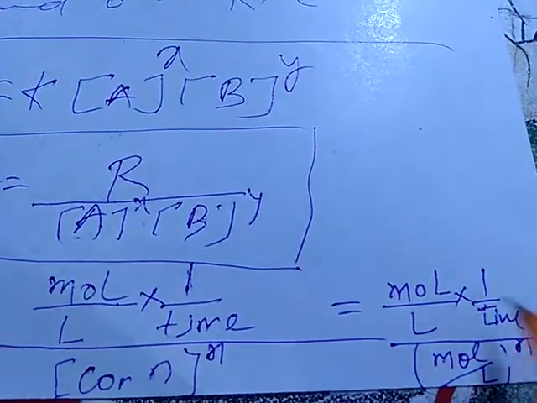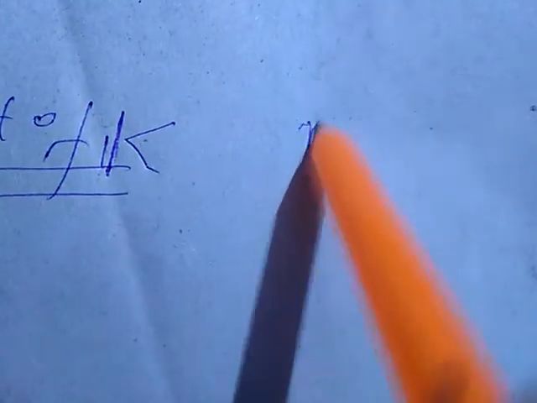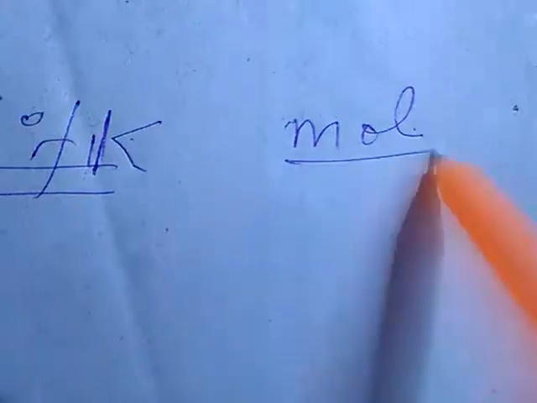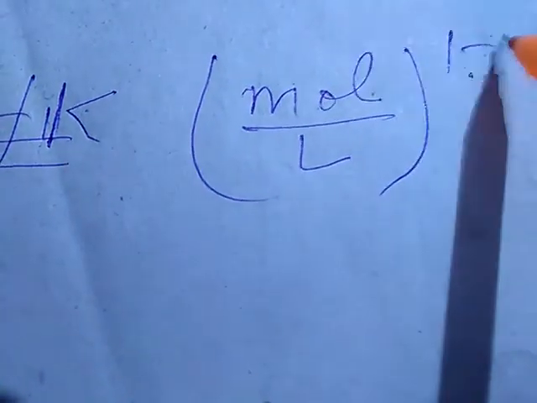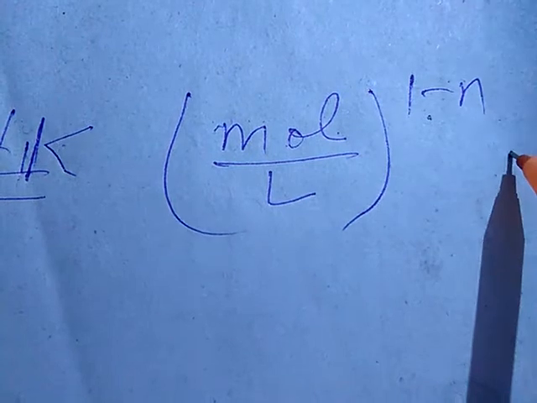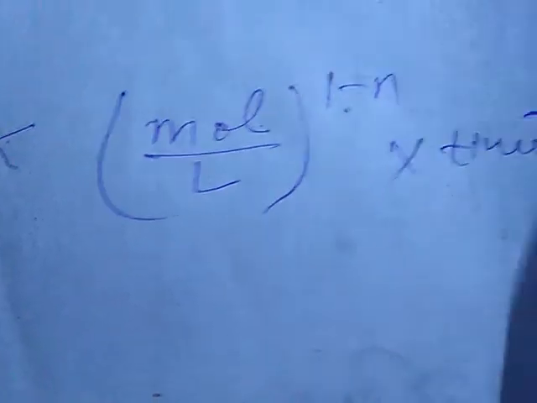On solving this, we get the unit of K. This unit of K will be equal to mole per liter raised to the power 1 minus n into time to the power minus 1.